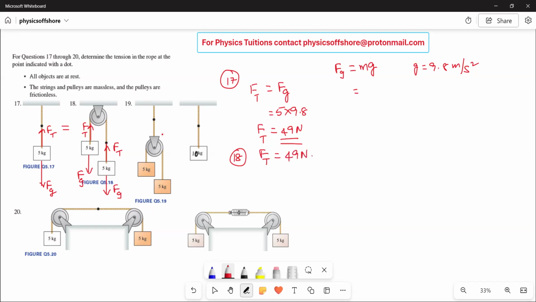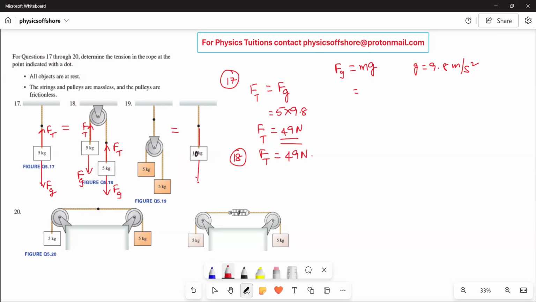Now coming to the third one, question number 19. Question number 19 is equal to this one. Instead of 5 kg, you are hanging a 10 kg block like this. Then what happens here? So this is Fg and Ft, and this is Fg.